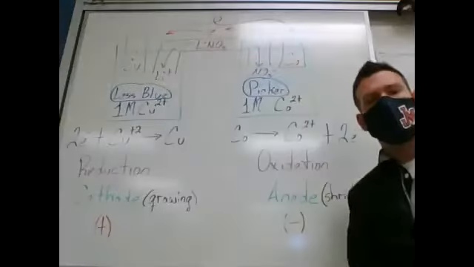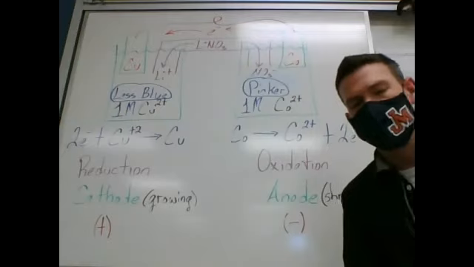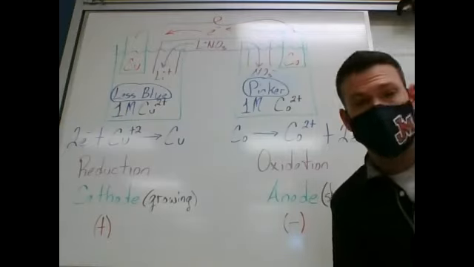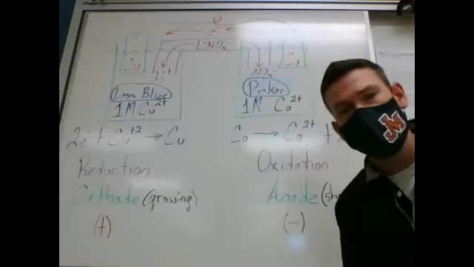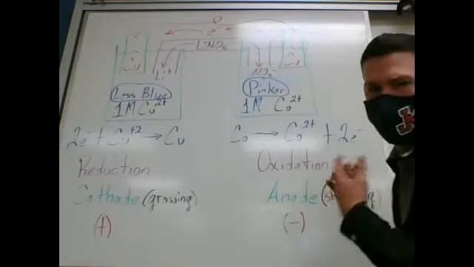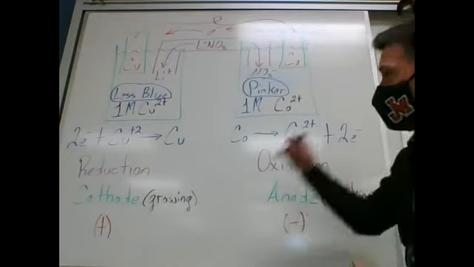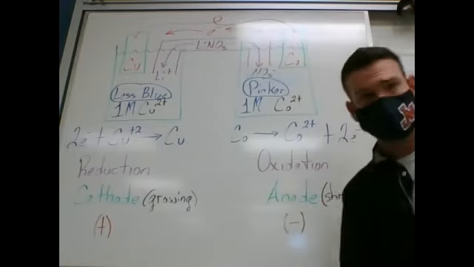The last thing I want to show you is how to write this in shorthand. Understand that all you need is the half reactions to write shorthand, but what's nice is that if I wanted to describe this Voltaic cell that I built, I wouldn't necessarily have to show another scientist all this work.